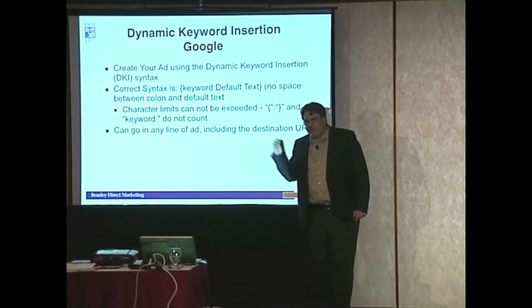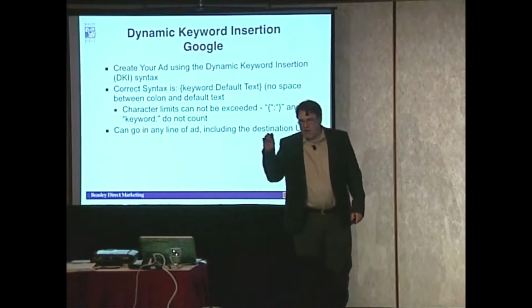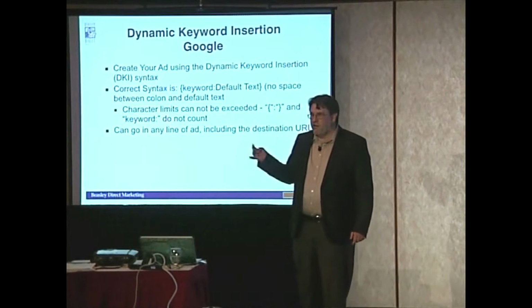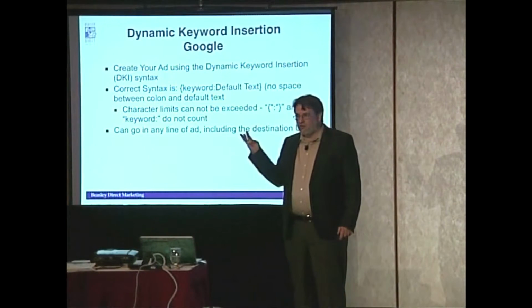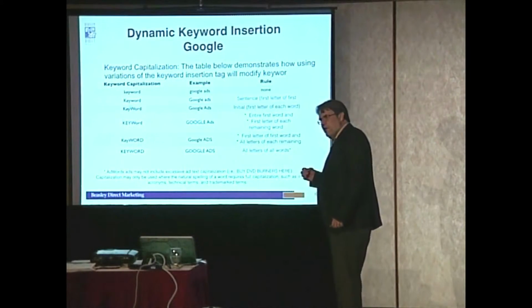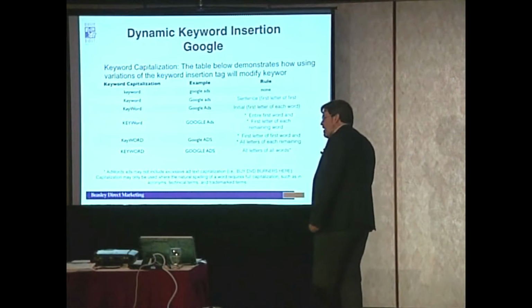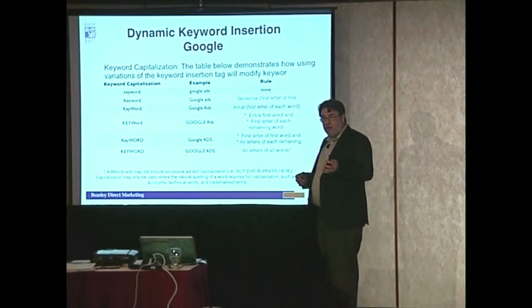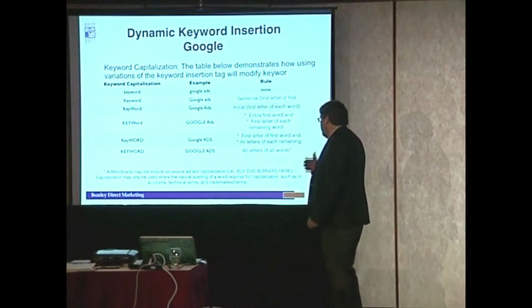Now, the great thing about dynamic keyword insertion is it can go into any part of the ad: headline, description lines, display URL, destination URL. And you can make it appear in different ways. By the way you type in the word keyword, you can make the inserted key phrase appear in different ways.